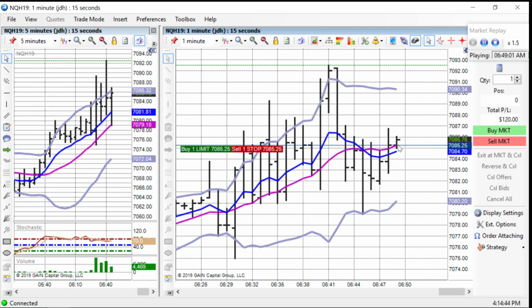So just be patient, let the market tell me what it wants to do here. Yeah, I'm not jumping on that yet because that hasn't made a full commitment to cross over the ADMA line.